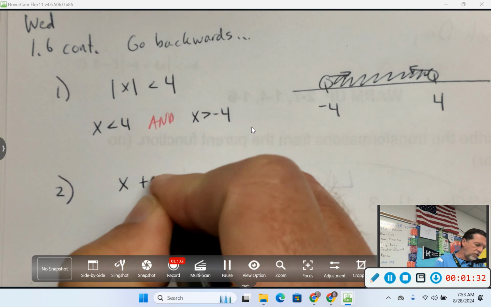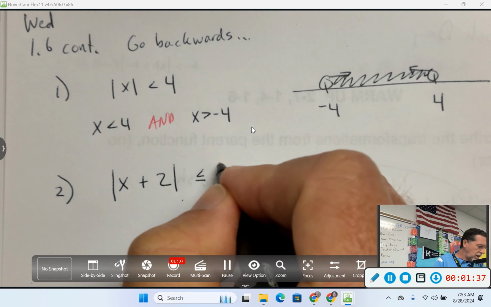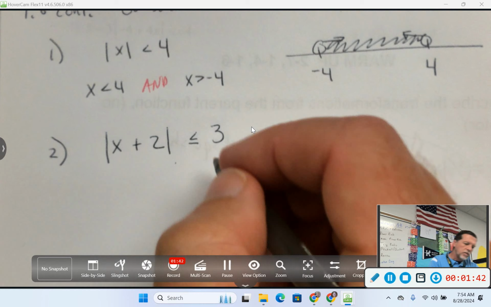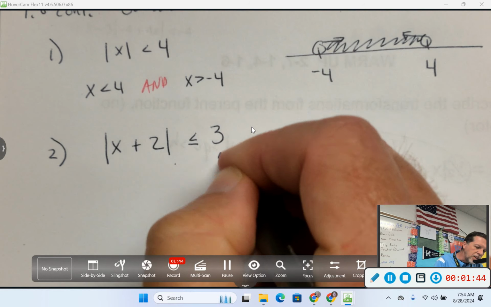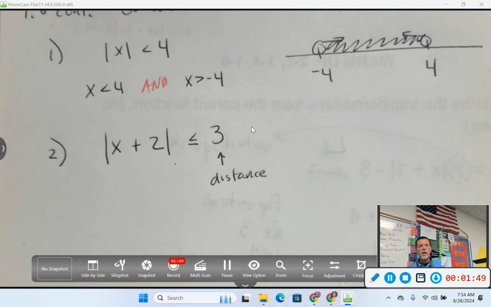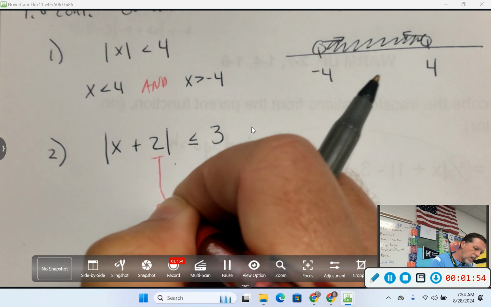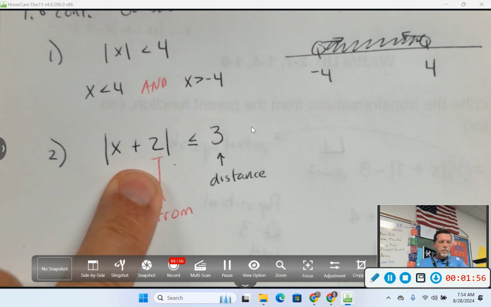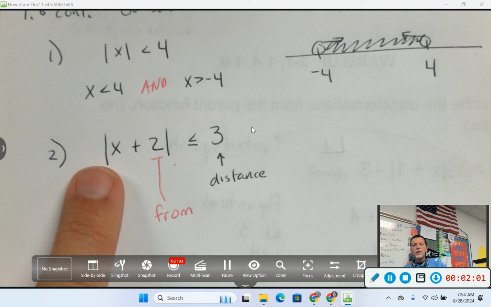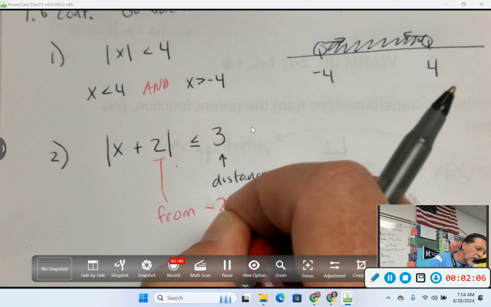All right, let's see if we can shortcut this one a little bit. Absolute value of x plus 2 is less than or equal to 3. So the 3 is the distance that we're worried about. Let's see, x plus 2 actually moves us left 2, so that's the distance from negative 2.